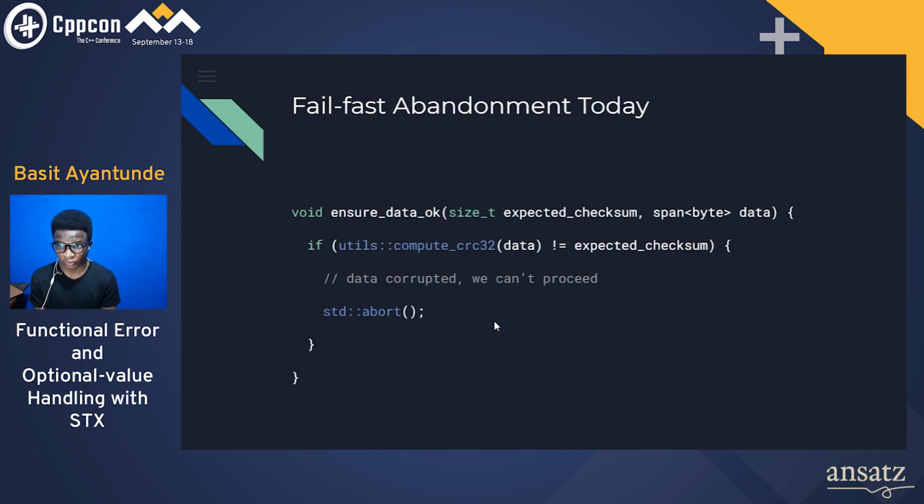And if it is corrupted, we'll simply abandon the program. So here's basically how we do this. We do know that CRC32 is a weak hash algorithm commonly used in embedded systems for detecting data corruption. Now, let's try to run this code and see what we get.